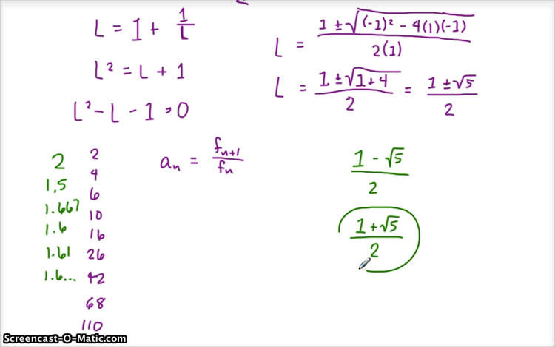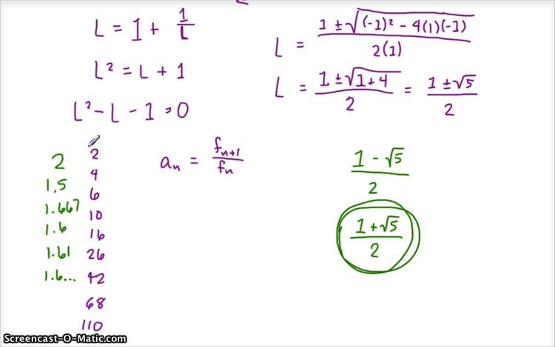We want this plus. Because as we continue through our sequence and we're looking at this ratio of a sub n, it's moving towards this value of 1 plus the square root of 5 divided by 2, which is about 1.60, 1.61. And so that answers the end of problem number 71.